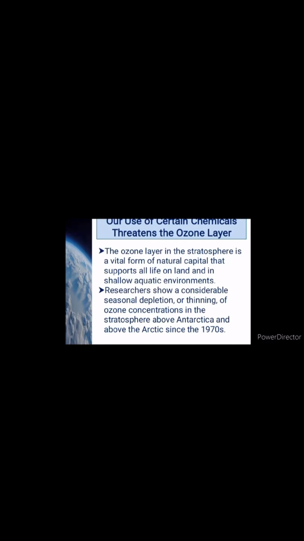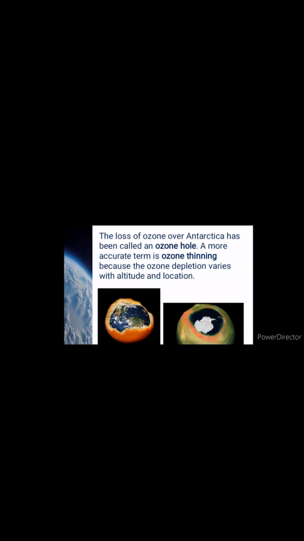Researchers show a considerable seasonal thinning of ozone concentration in the stratosphere above Antarctica and above the Arctic since 1970. The loss of ozone over Antarctica has been called the ozone hole. A more accurate term is ozone thinning, because ozone depletion varies with altitude and location.